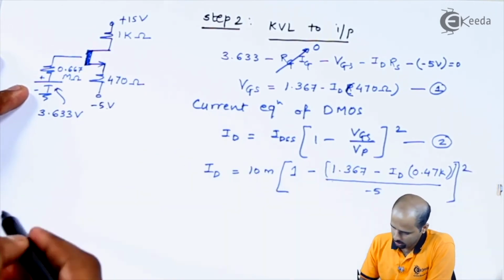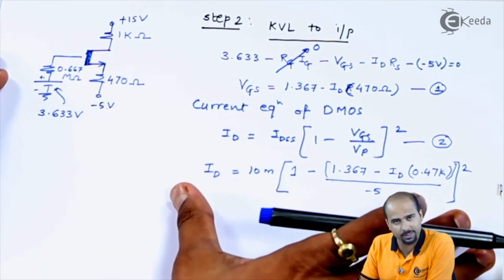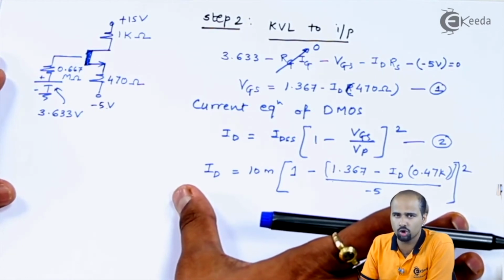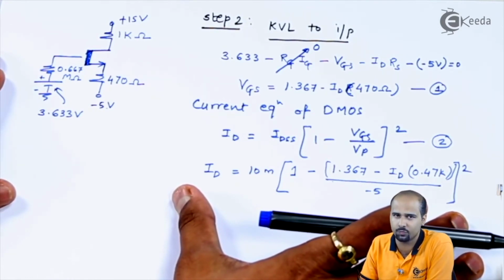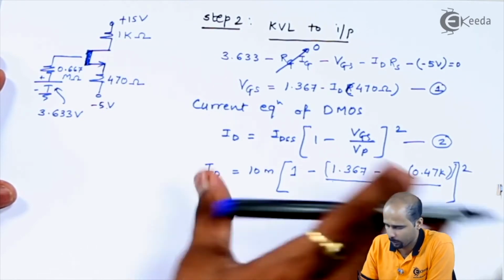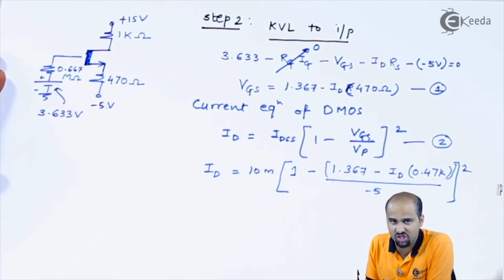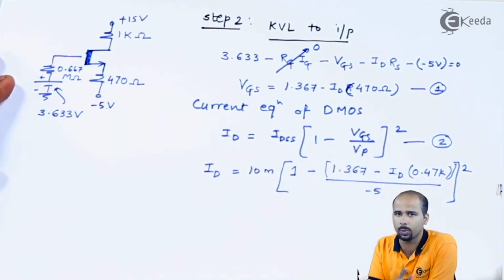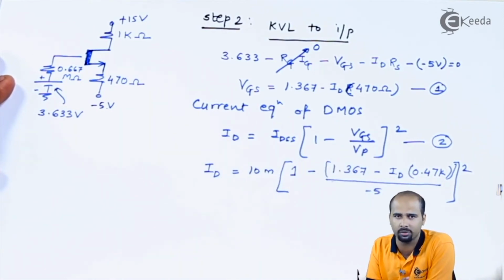Okay, try to simplify this particular equation and try to find out the value of the roots of the quadratic equation formed with the variable ID. Just pause the screen, try to solve this particular equation and try to figure out what will be the value of ID1 and ID2.